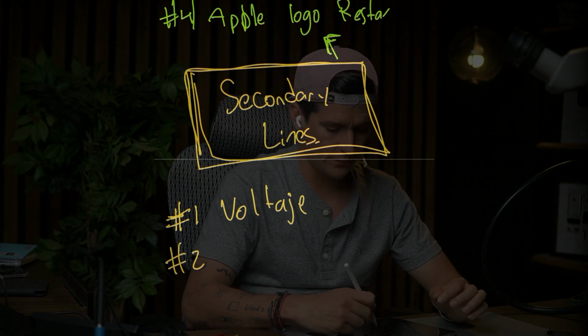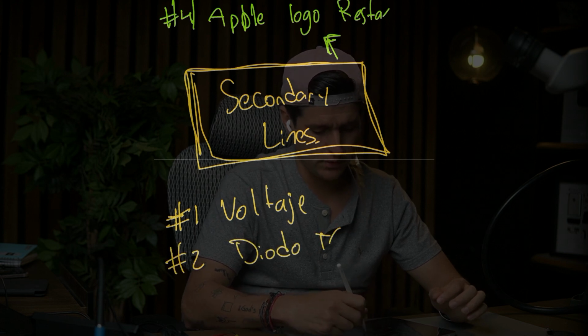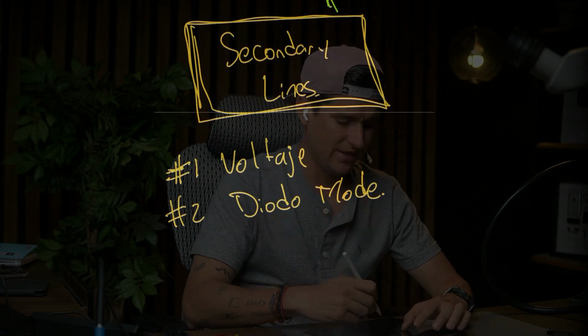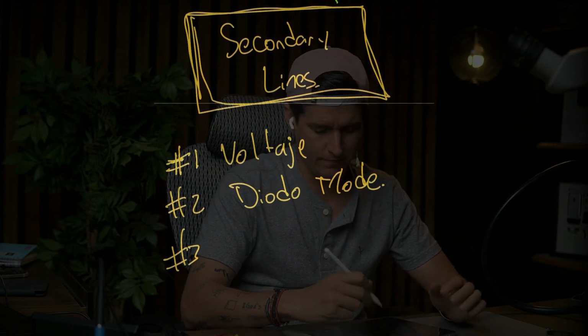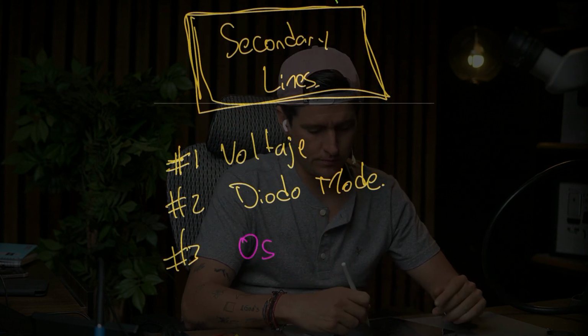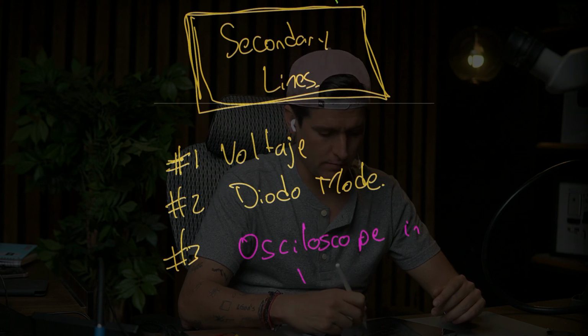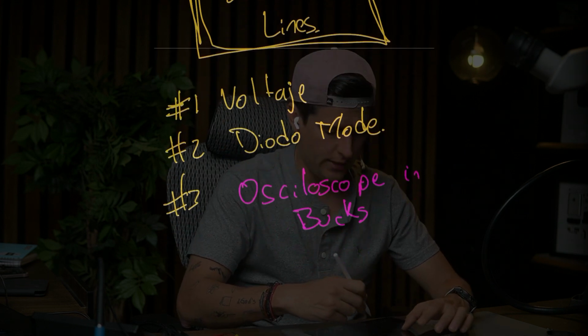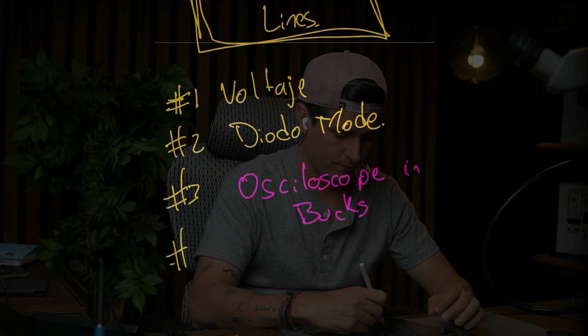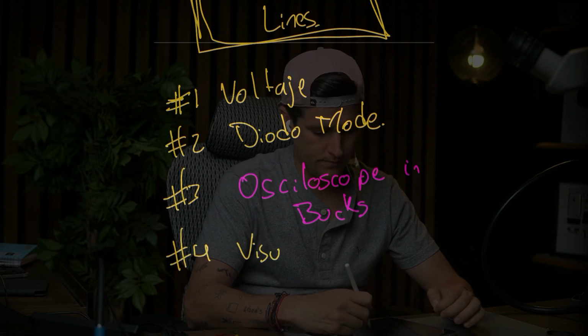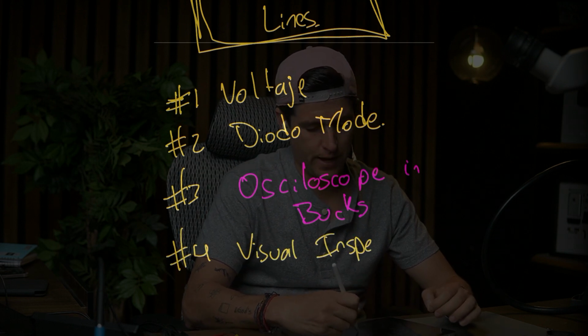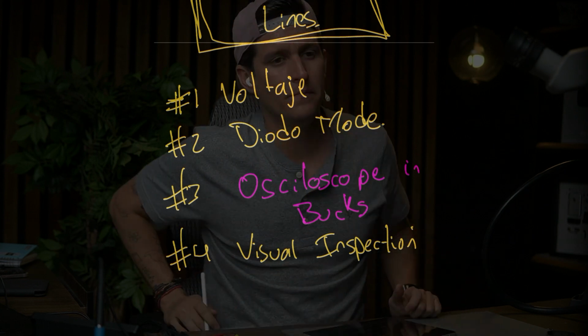Number two, diode mode. Number three, maybe next time I'm going to talk about oscilloscope in box. And number four, visual inspection. Okay, voltage, diode mode, maybe another video, oscilloscope and box, and visual inspection. Okay.